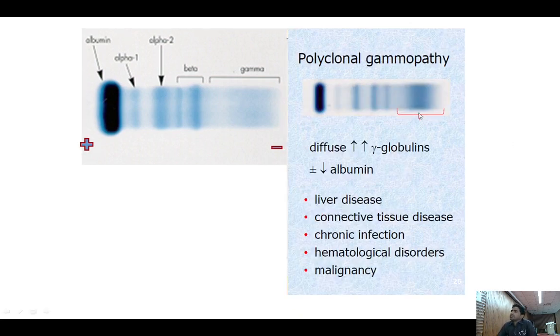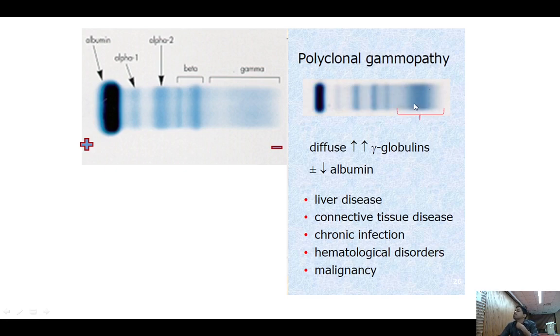Here in the gamma region you can see that the band is more dense and albumin is reduced. Okay, so this is polyclonal gammopathy. Why is it polyclonal? It is not monoclonal. Monoclonal gammopathy is multiple myeloma. In monoclonal, the band will be even sharper. Here it is polyclonal because in the whole gamma region it is diffuse.